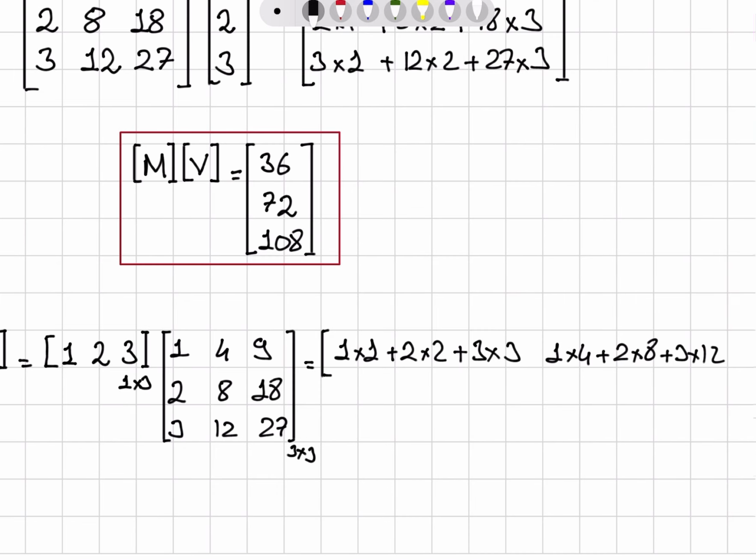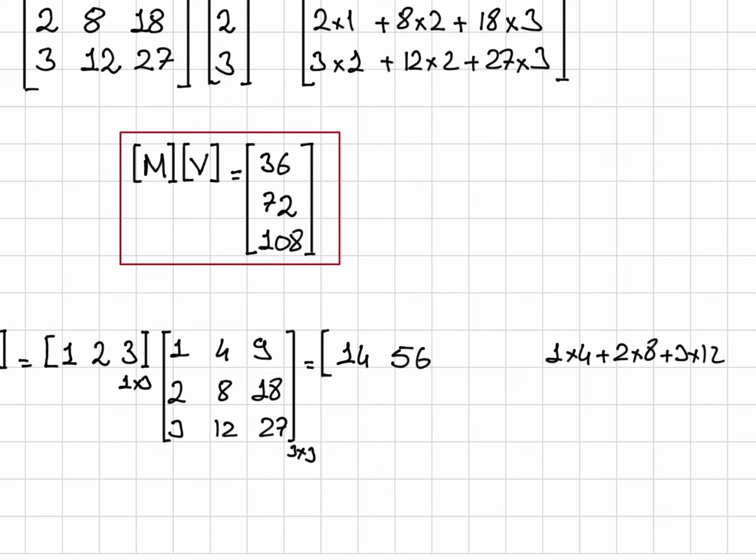So let's perform this calculation to save space here. 1 plus 4 plus 9, that's going to give us 14. So 14 is my first element. The second element here is 4 plus 16 plus 36, which is 56.